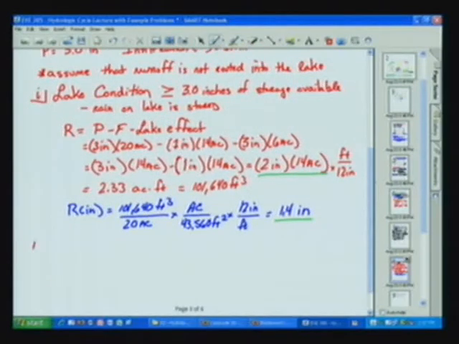Second lake condition. It's full. No storage available.